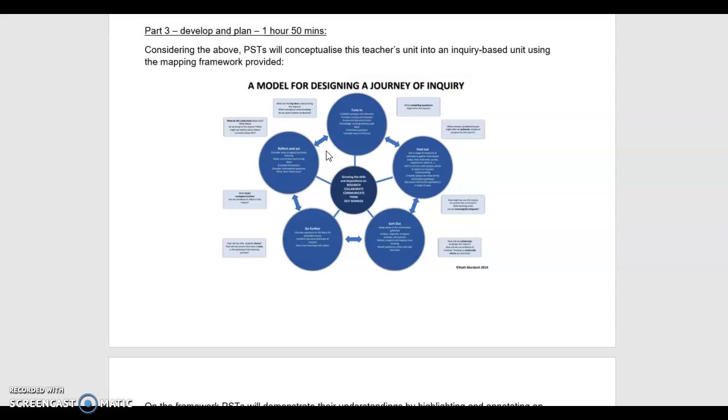You should also explore your specialisation's Victorian curriculum. Make sure you understand how to navigate through that. And these resources are on the VUC.